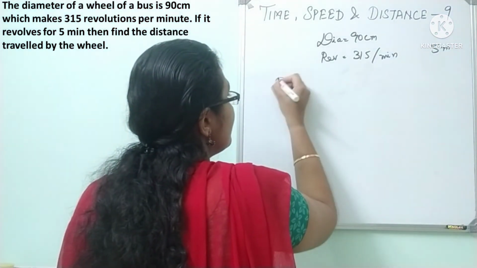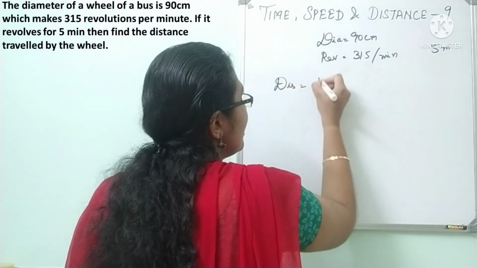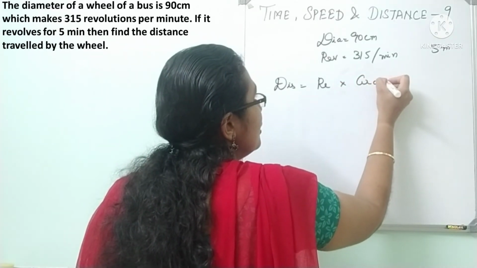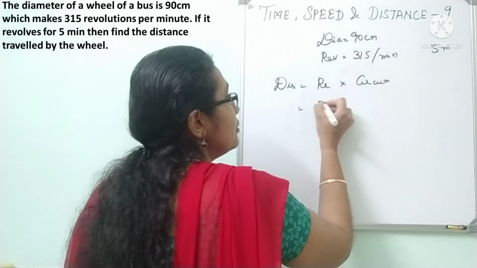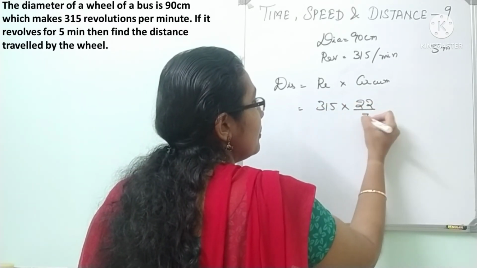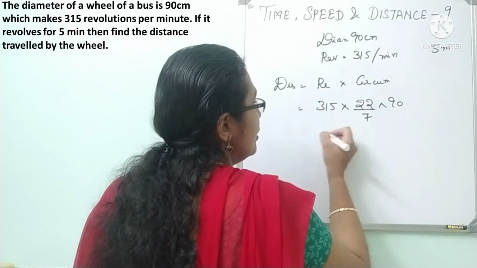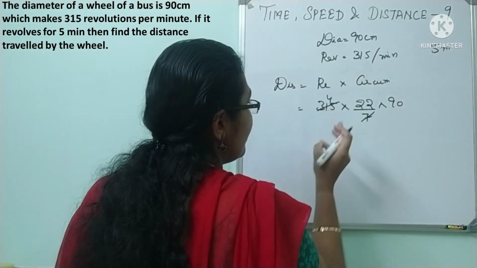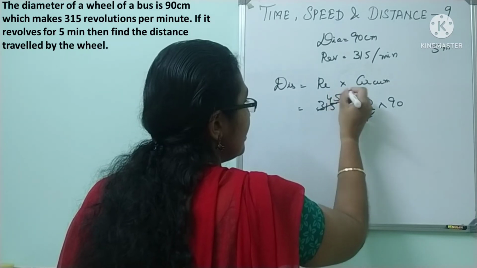So, usually distance is equal to revolutions into circumference. Correct? Here it is in diameter, so you can use pi d: 22 by 7 into 90. Some 4s are 28, 29, 30, 31, some 5s are 35.